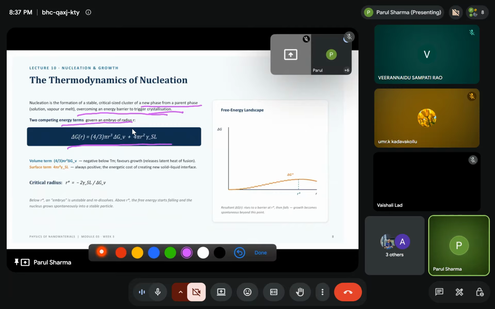So in nanomaterial synthesis, nucleation is the process by which the atoms, ions or molecules in a precursor phase come together to form a stable nucleus which can subsequently grow into the nanoparticle or crystal. So there is a competition between surface energy and the volume free energy.